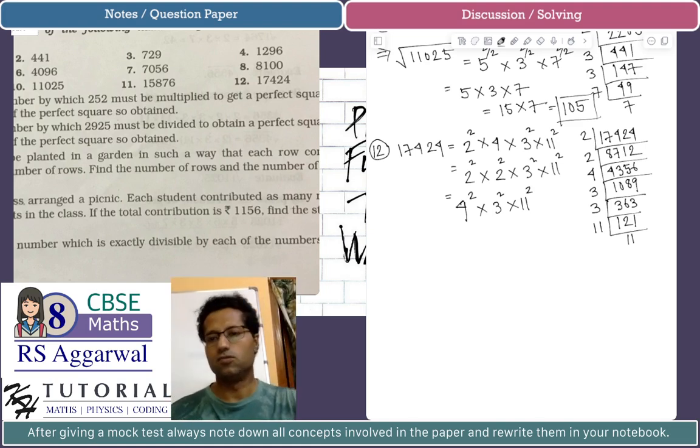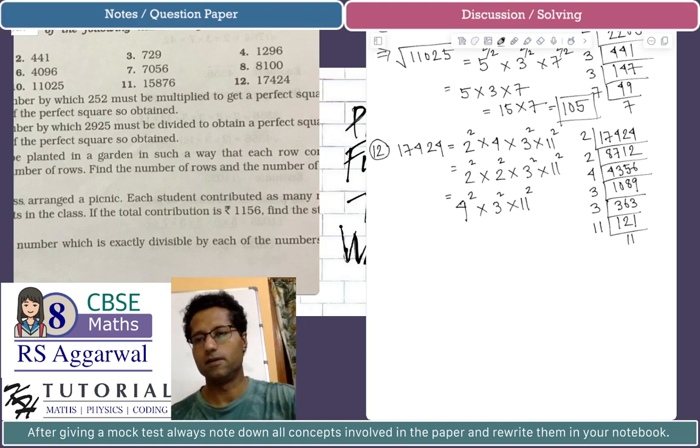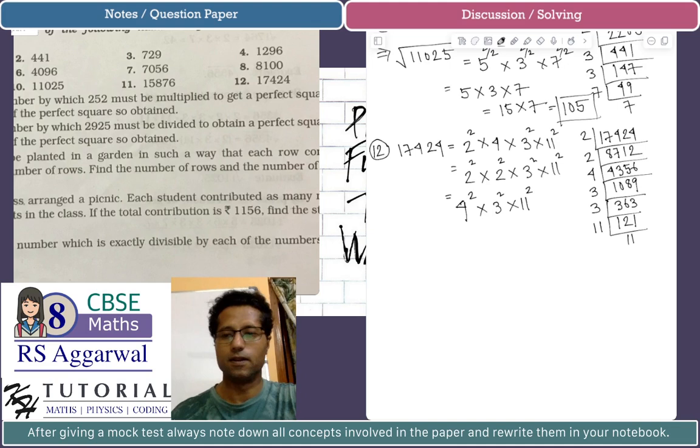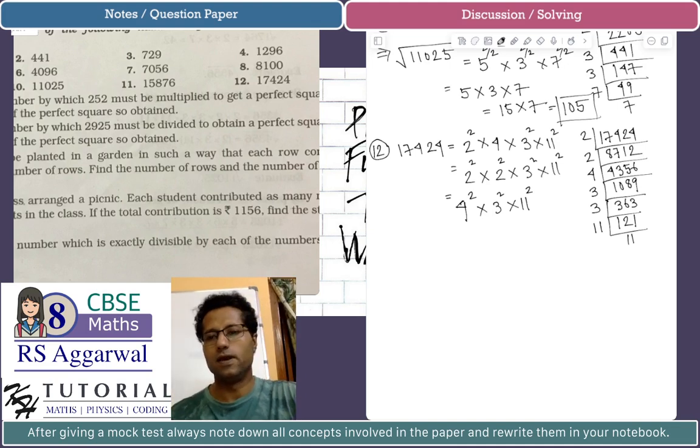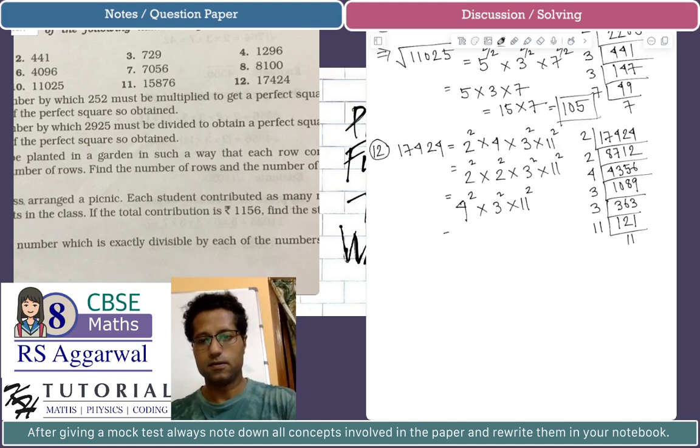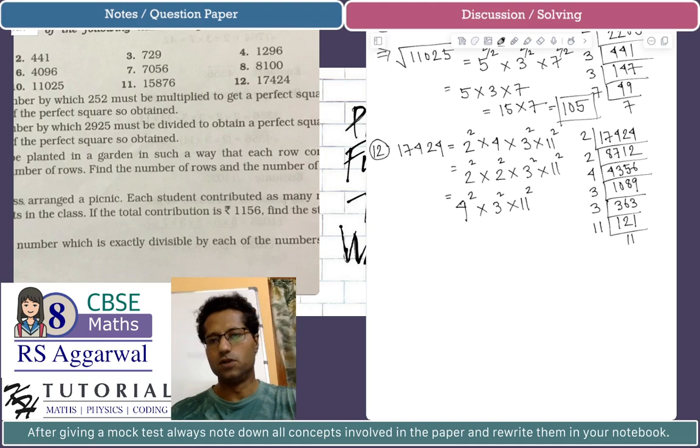You can do it this way. But anyway, the main task is to find the prime factorization of the given number. Even though 4 is not a prime number, it is fine. The result will come out correctly.